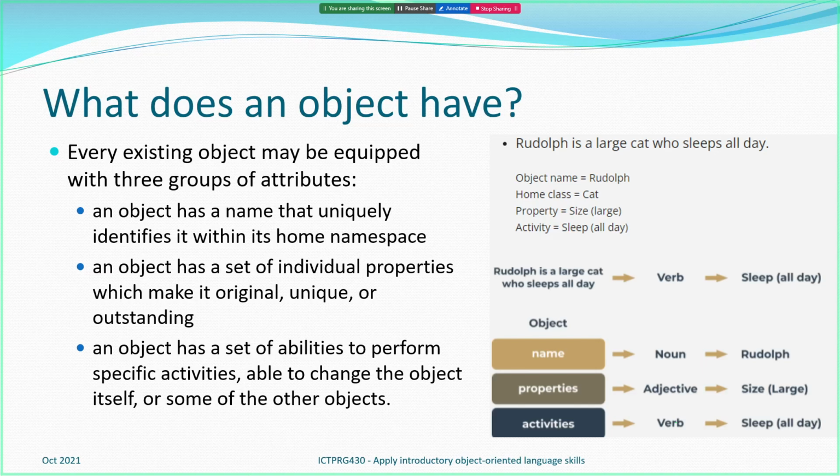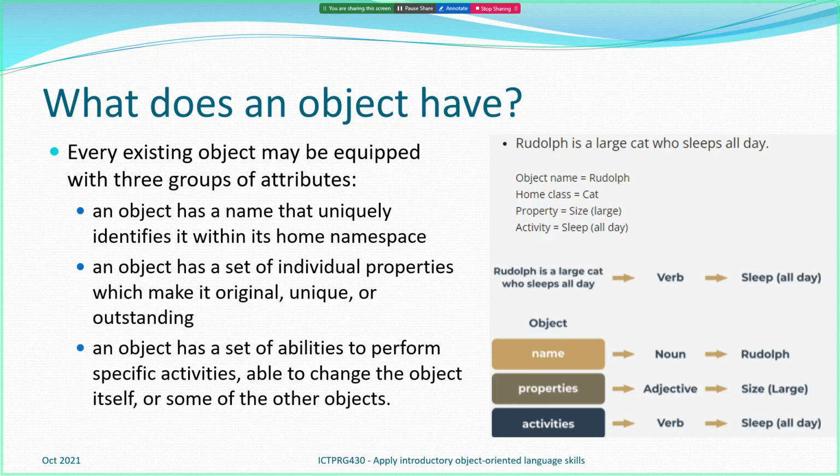So the object is Rudolph, his class is cat, his property is that he's a large cat, so the size, and what's he doing? He's sleeping all day.